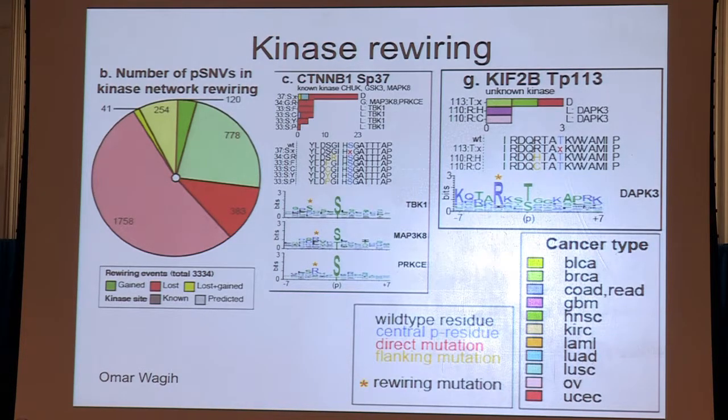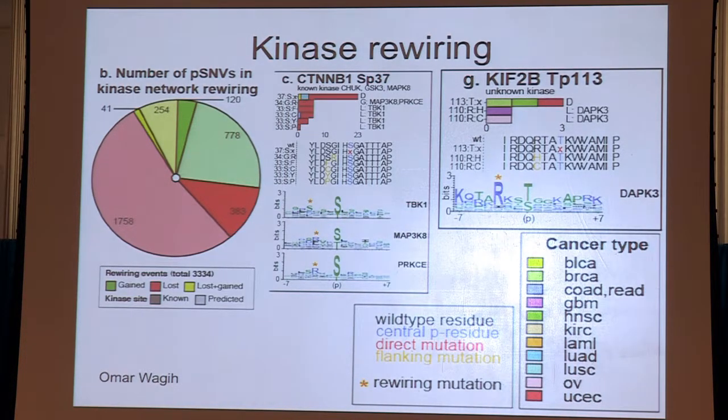But if there's a mutation in the flanking region, that could change the kinase that's recognizing that region. And we can try to predict which kinase it might be changing it to by searching all known kinase specificities. Kinases recognize sequence motifs around the phosphorylated residue.